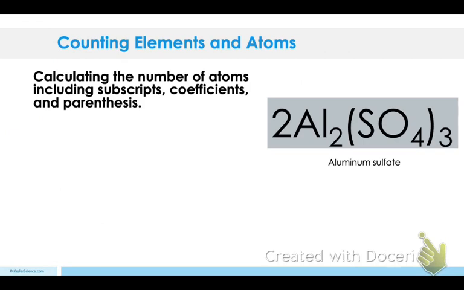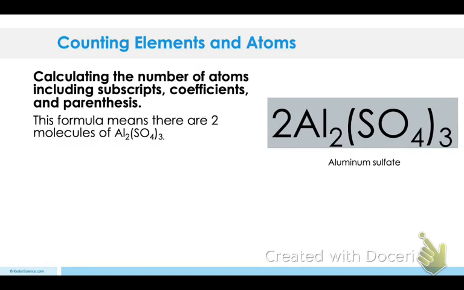Alright, so now we're going to calculate the number of atoms, including subscripts, coefficients, and parentheses. So this formula means there are 2 molecules of aluminum sulfate. So we have our coefficient.